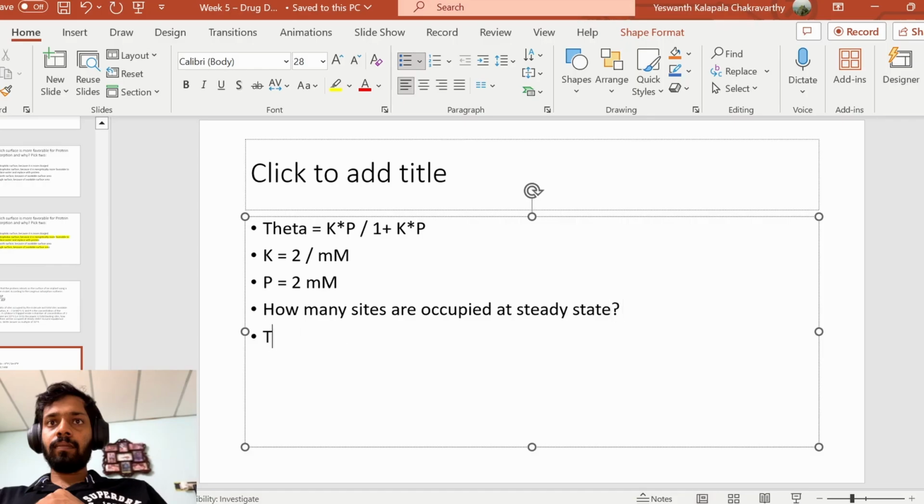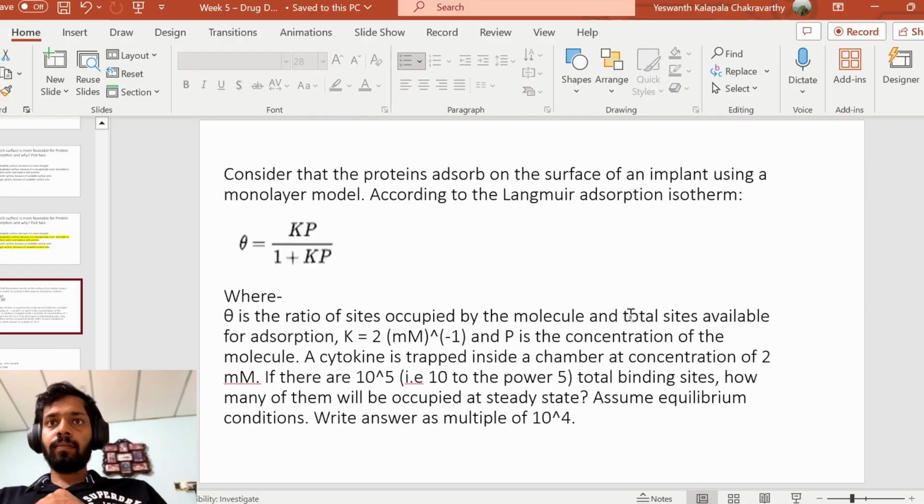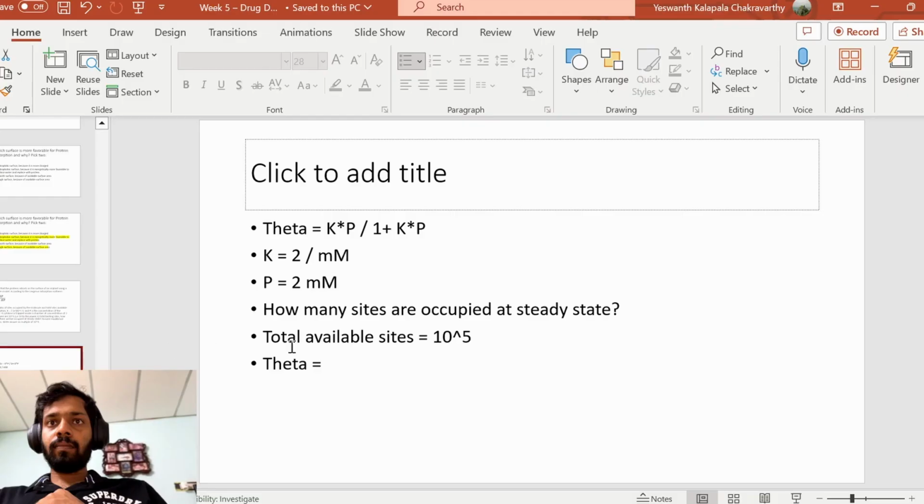We also know the total available sites to be 10 to the power 5, and we also know one other crucial piece of information, which is the definition of theta. So theta, they are saying, is the sites occupied by the molecule over total sites available for adsorption.